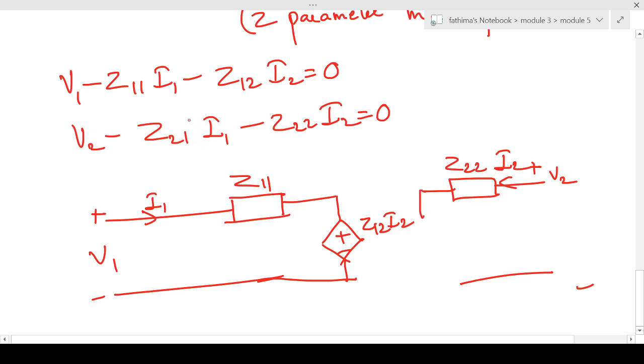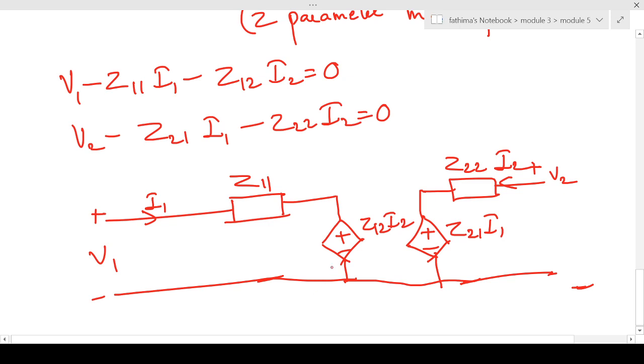This is also a voltage, but it depends on current at the input, so it can be represented as a current controlled voltage source. So we can draw a current controlled voltage source over here. So this is Z21 I1. This is the equivalent circuit for Z parameter representation.